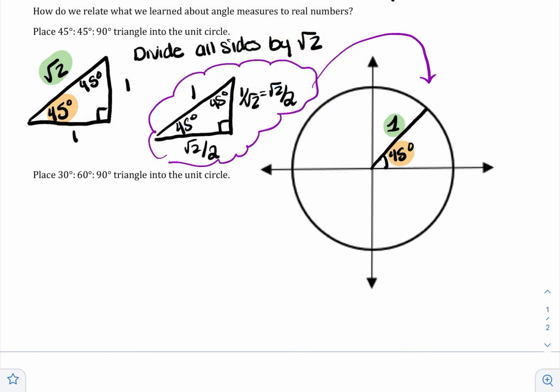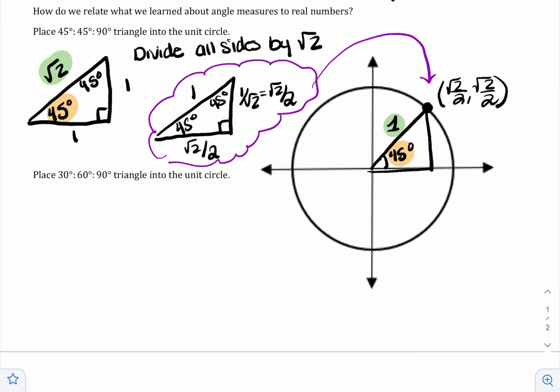So when I do that, let's make that a little bit straighter. Here are my legs. And I'm going to have the point here. And remember that on the rectangular coordinate system, the x is the distance at the bottom, and the y is the distance that goes up and down. So both of them are radical 2 over 2 and radical 2 over 2.